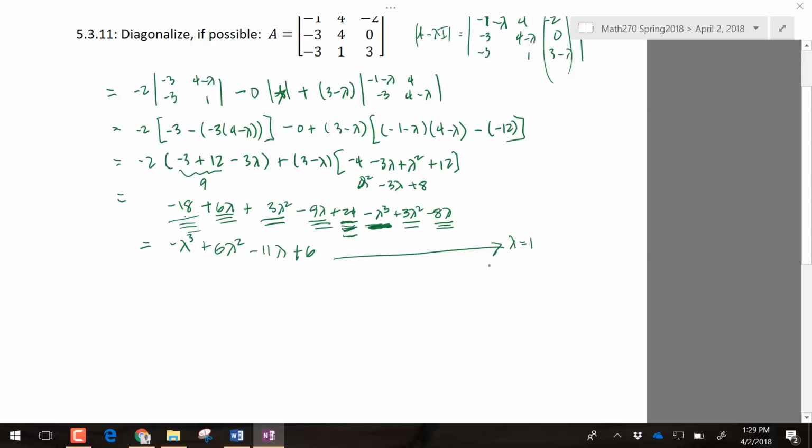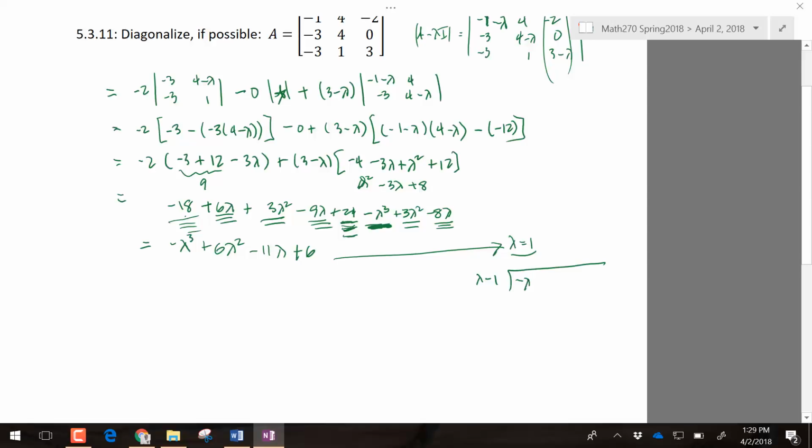So if lambda equals 1 is a solution, then we could do the factoring or synthetic division or whatever. So we can assume that if lambda is equal to 1 a solution, then we can divide. I'm going to do long division because I don't remember synthetic division.